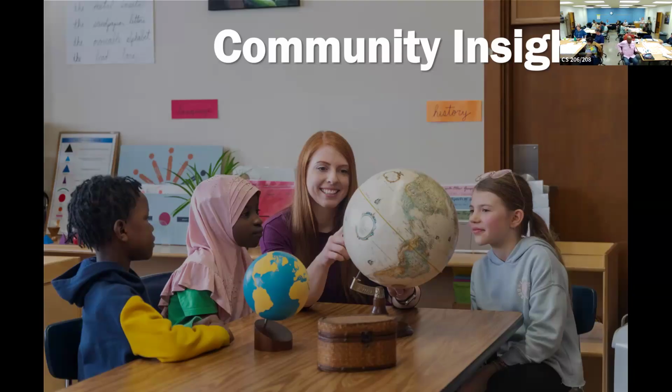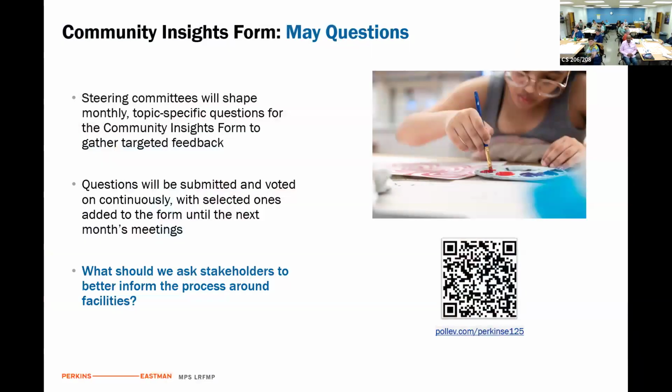All right. So just a final note for tonight, really highlighting again the Community Insights Forum. This is live right now if you want to scan the QR code if you haven't done it yet. Otherwise, on the next couple slides, we have the QR code for the May survey. We do read all that feedback. Please let us know if there are different ways to structure this.